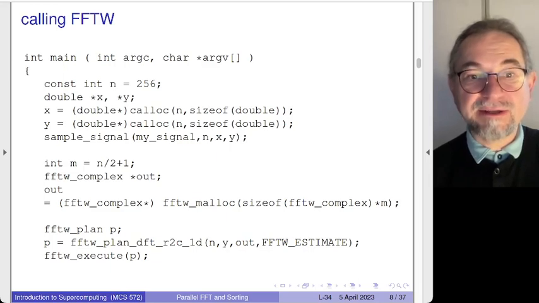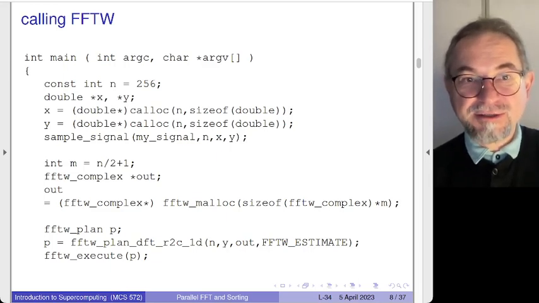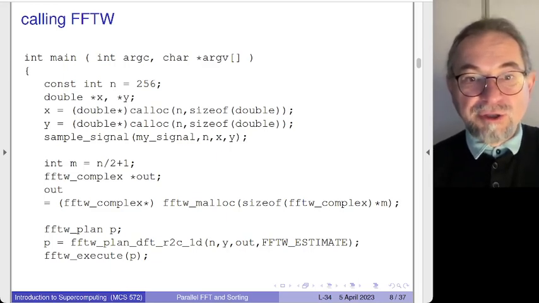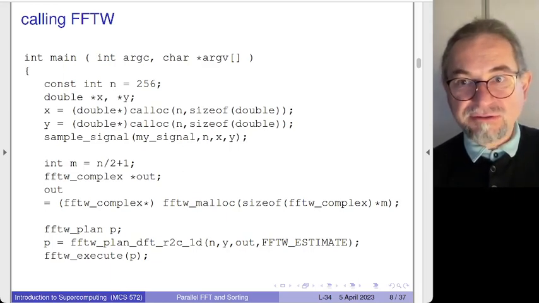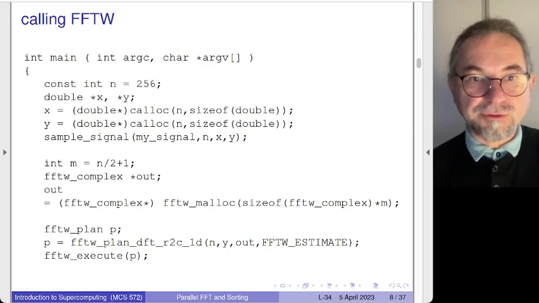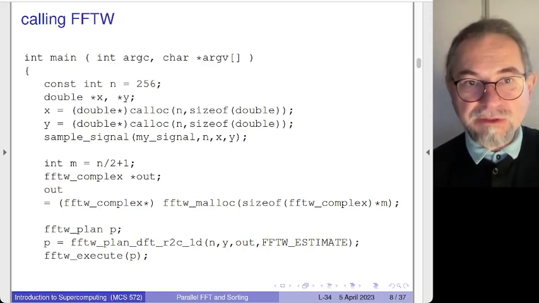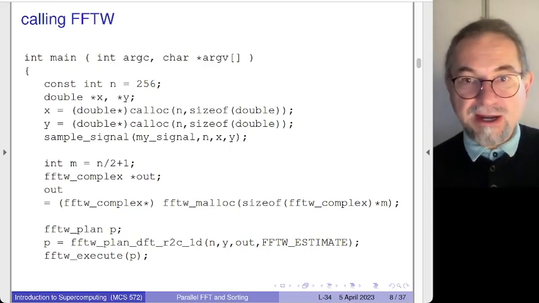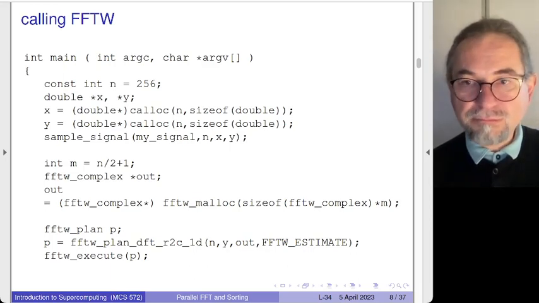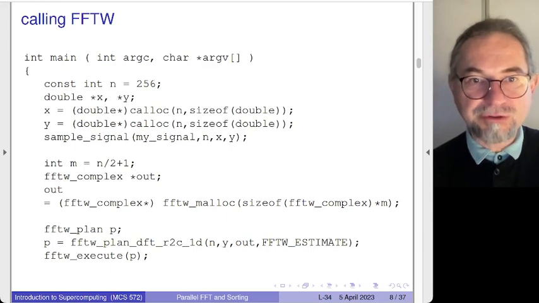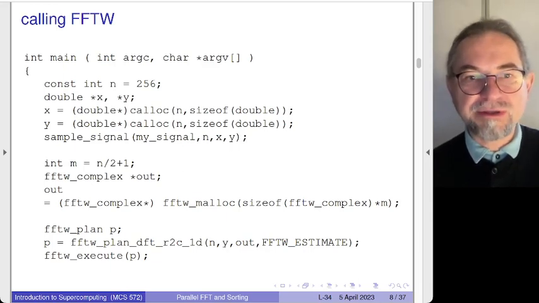And here is then the main C program, mainly to indicate that it's not that difficult to use. So we have the making of the signal. First, of course, the allocation of the data, and here we work with 256 samples, very modest.